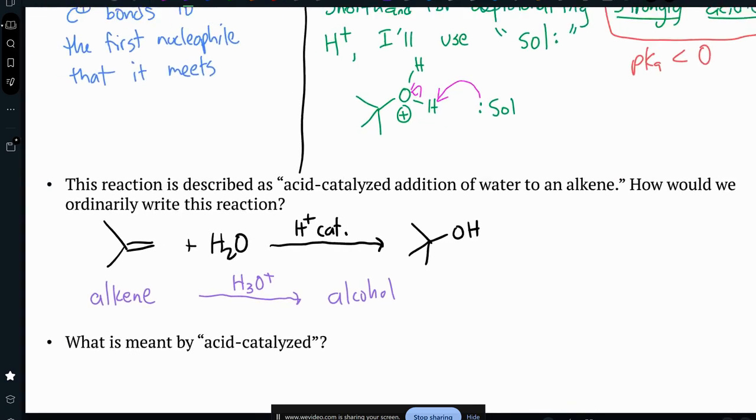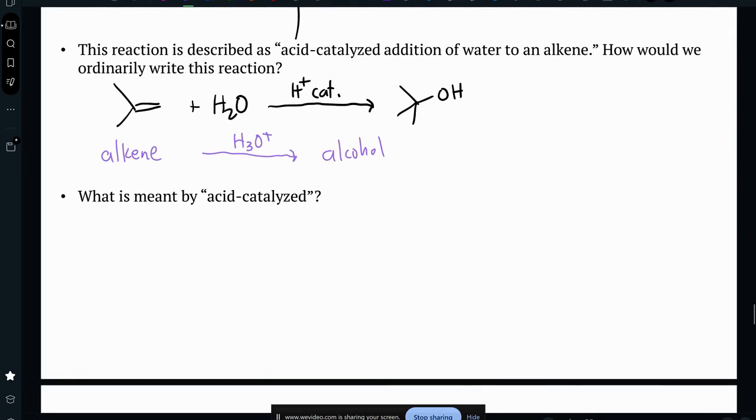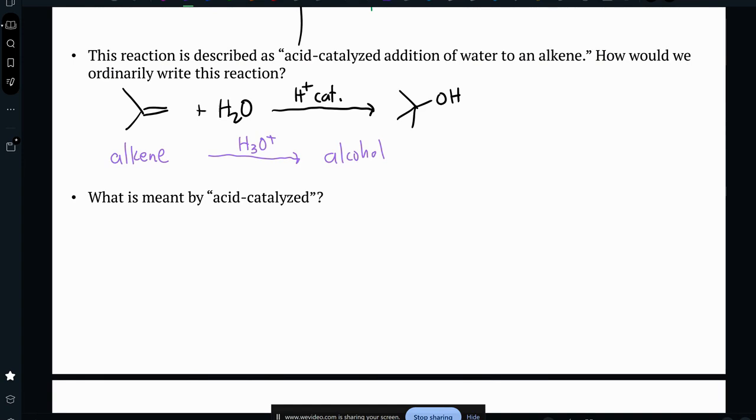Now, this question of what is meant by acid catalyzed. I said a catalyst is something that speeds up a reaction without getting used up.